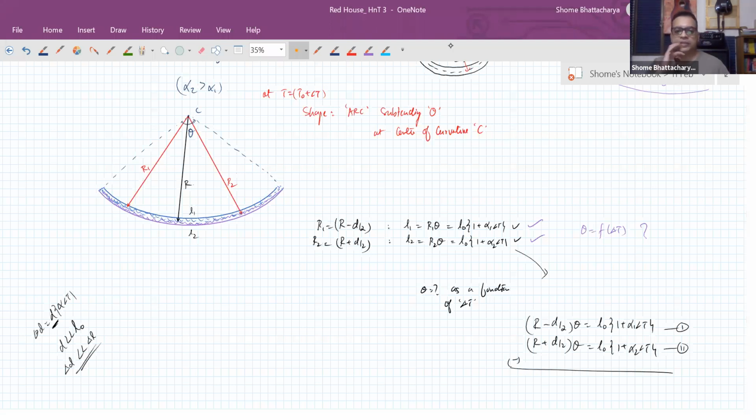So remember, in an object where the length is much more than the width or the thickness, we ignore the expansion of the width or the thickness. The only significant parameter geometrically that expands is the length.